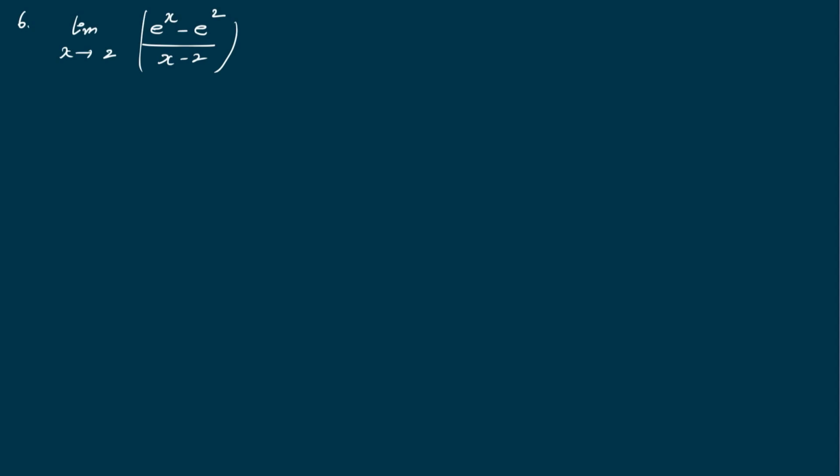Next we have question number 6: limit x tends to 2 of (e to the power x minus e squared) by (x minus 2). So here I remember the formula like this. For that, let me put the denominator x minus 2 equals y.